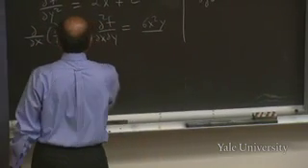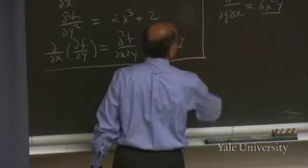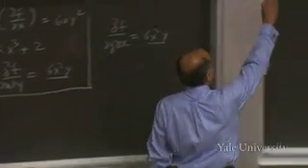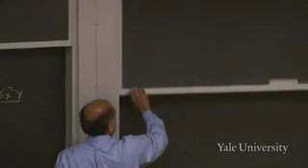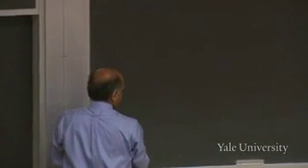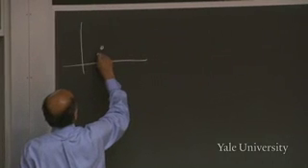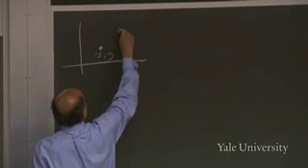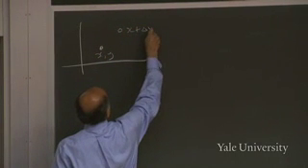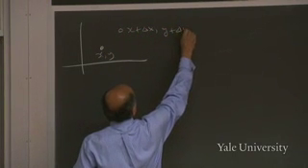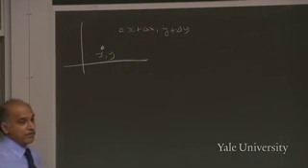So let's ask the following question. Let's take a function and ask how much the function changes when I go from some point x, y to another point x plus delta x, y plus delta y. I want to find the change in the function.